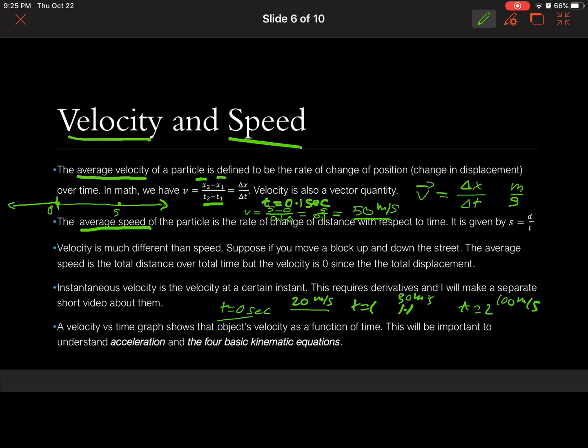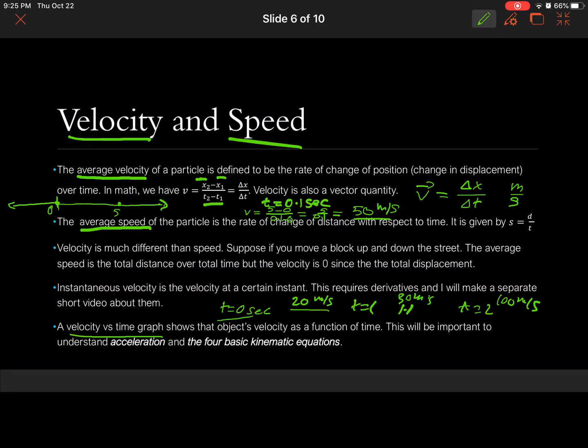And speaking of velocity versus time graph, we're going to talk about this in the next slide, or I think it's the one after. Basically, a velocity versus time graph is an object's velocity as a function of time. So basically, how is the object's velocity changing with respect to time?